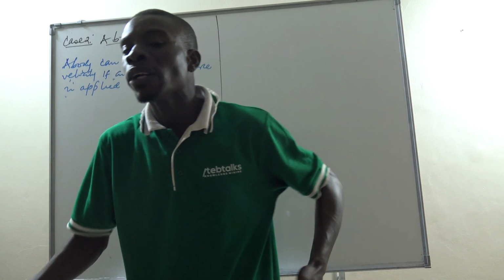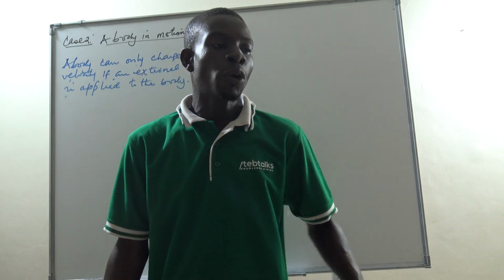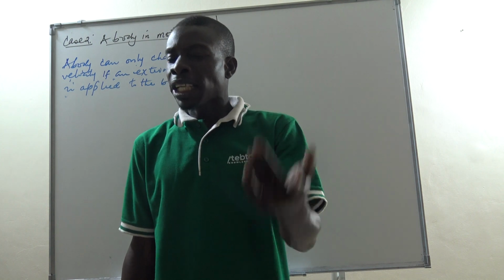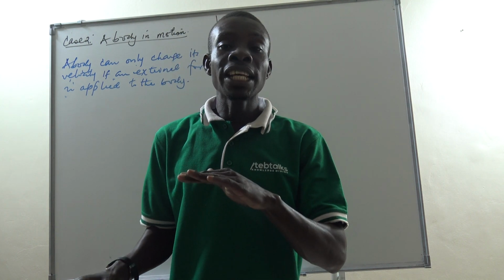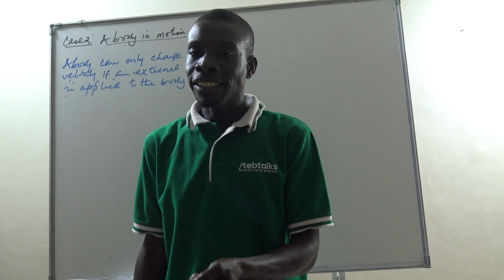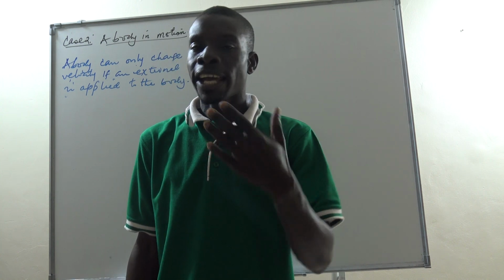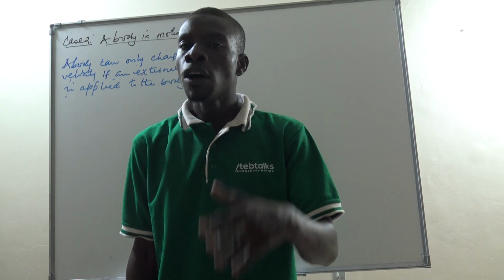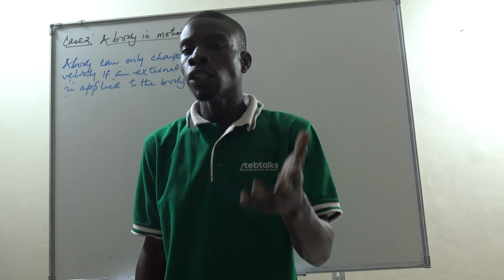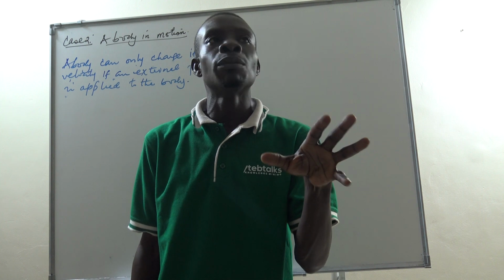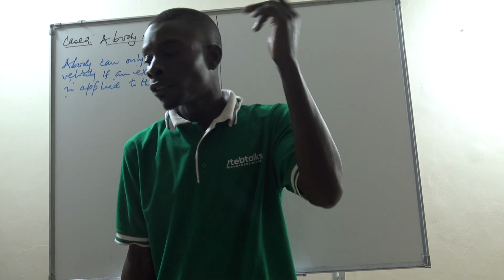And that can happen when the body is at rest. That is what we call static equilibrium. The body is not moving. And again, it can also happen when the body is moving. That is a scenario of a body moving with a constant velocity or zero acceleration. It will be in a state of what we call dynamic equilibrium. So equilibrium can be when the body is moving or at rest.